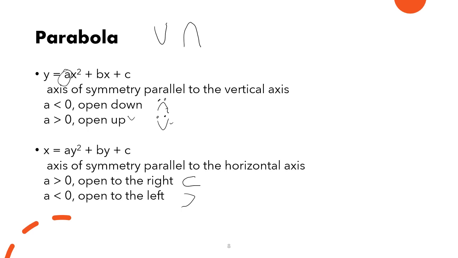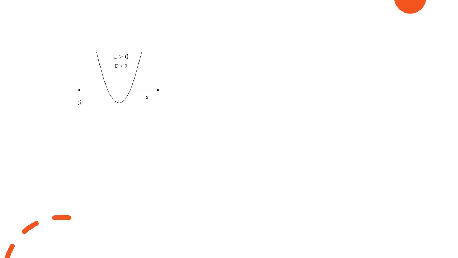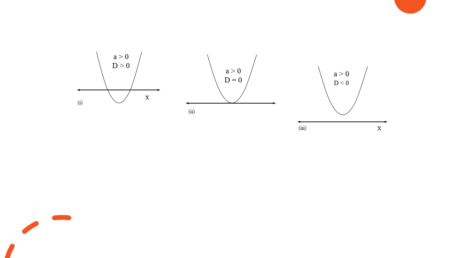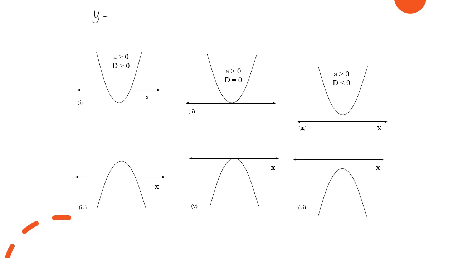All right. Now, I'll show you the drawing on the Cartesian diagram. This is the form of the parabola with y as the dependent variable and x as the independent variable, the form ax squared plus bx plus c.